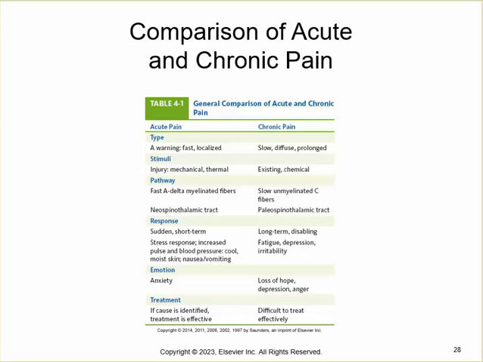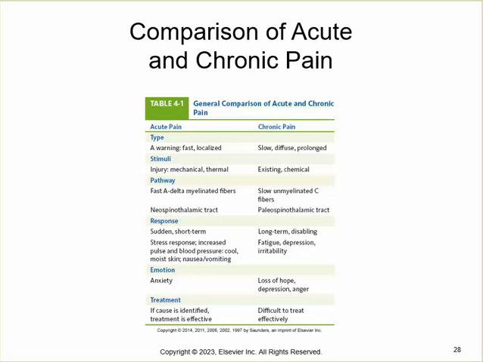So the acute pain tends to be for warning, it's localized, it's fast, it is the A delta fibers, it's often mechanical or thermal injuries. It goes up the neospinothalamic tract.